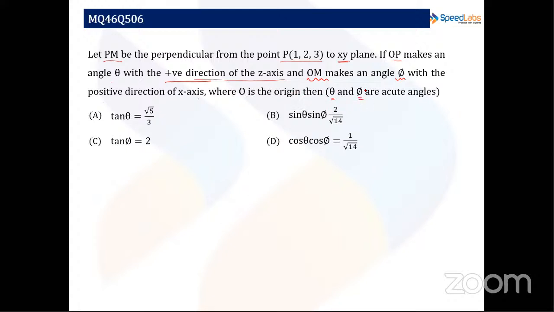We are given that theta and phi are both acute angles. Then we have to find the various conditions.